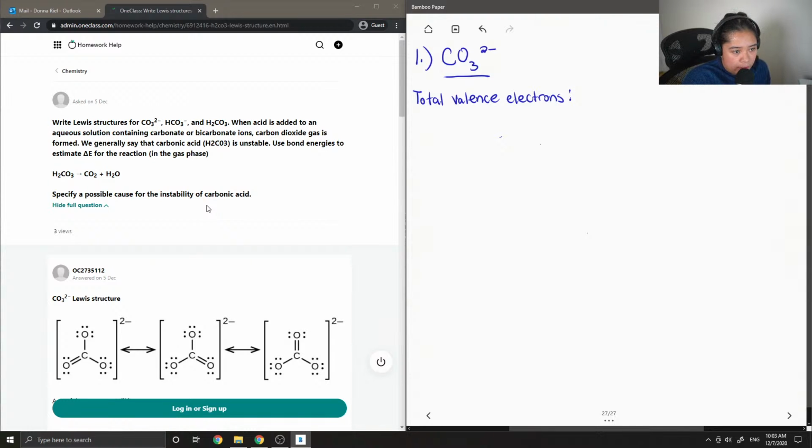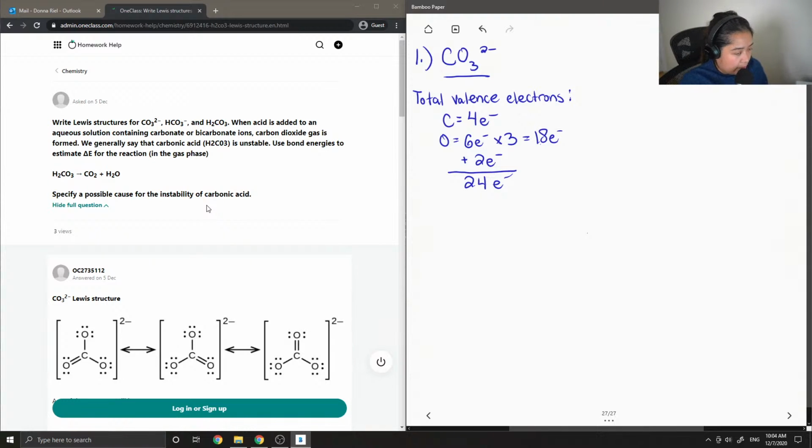Carbon has 4 valence electrons. For oxygen, there are 6 valence electrons, and since there are 3 oxygen atoms, I'm going to multiply this by 3, which gives us 18. And then finally, there's a -2 charge on the compound, so we are going to add an additional 2 electrons. In total, this gives us 24 valence electrons.